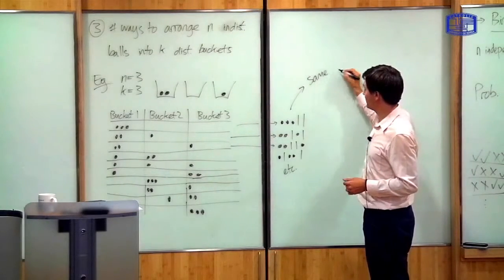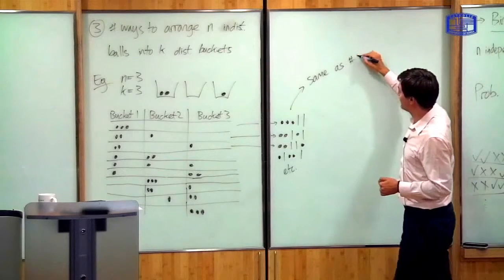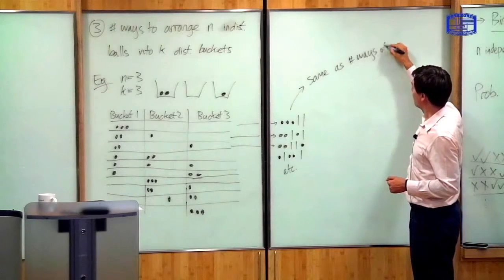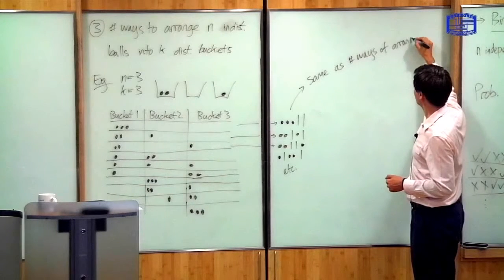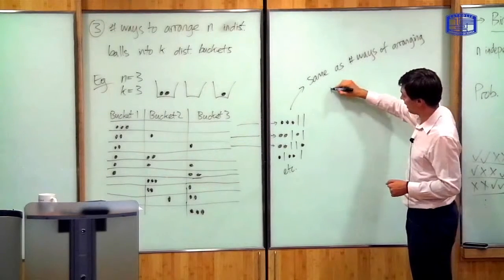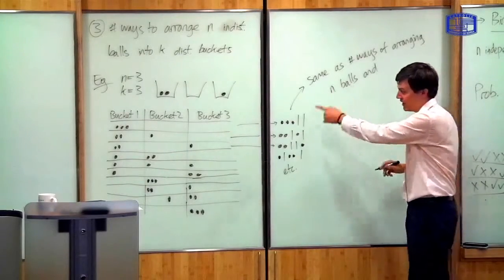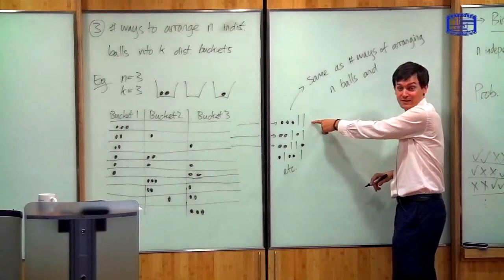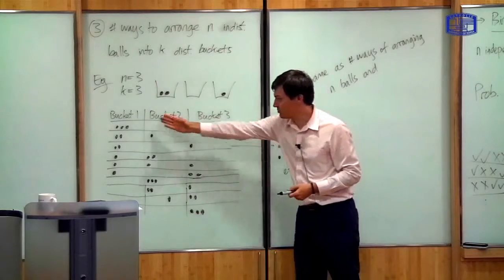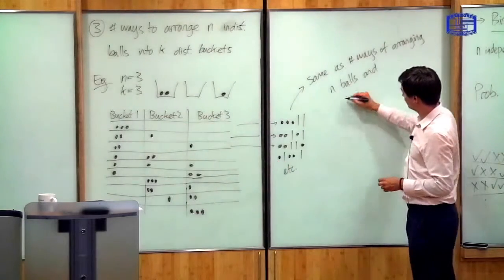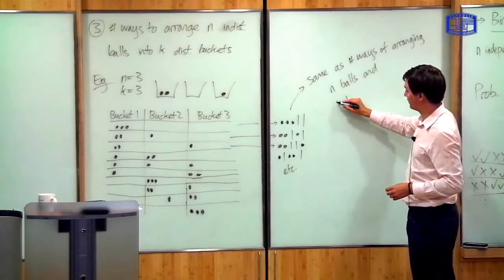So therefore this problem is the same as the number of ways of arranging n balls, and notice the number of lines is 1 less than the number of buckets. I have 3 buckets, but there are only 2 lines. So this is now k minus 1 lines.